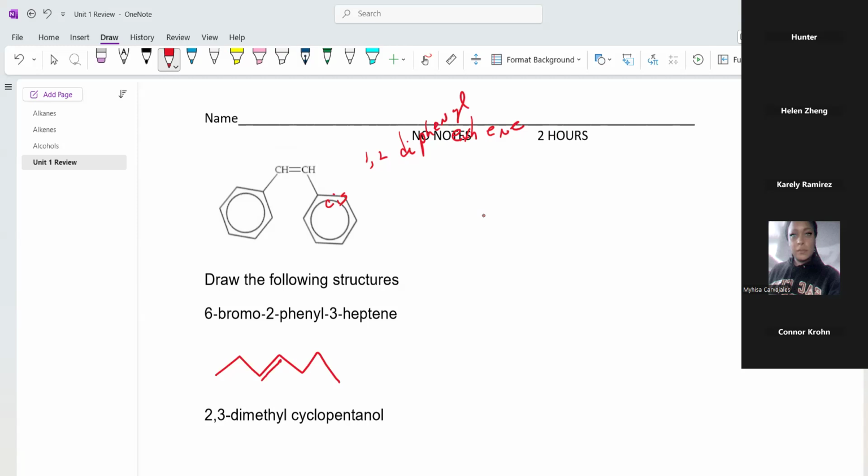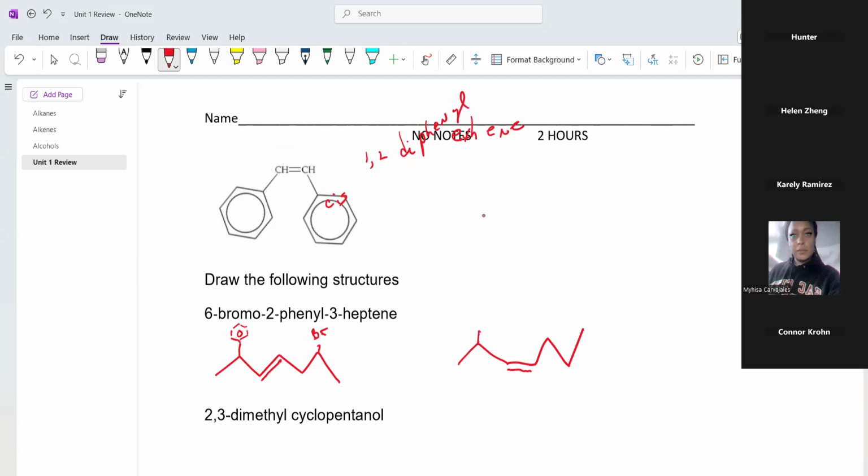Let's finish this out here. Okay, so let's do it as a cis now. That would be it drawn as cis. Either one would be correct because I didn't specify.